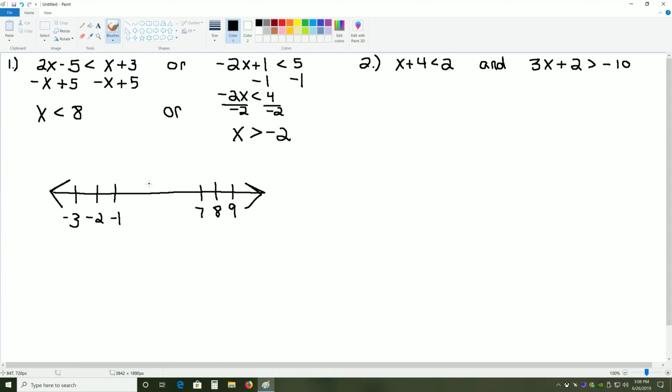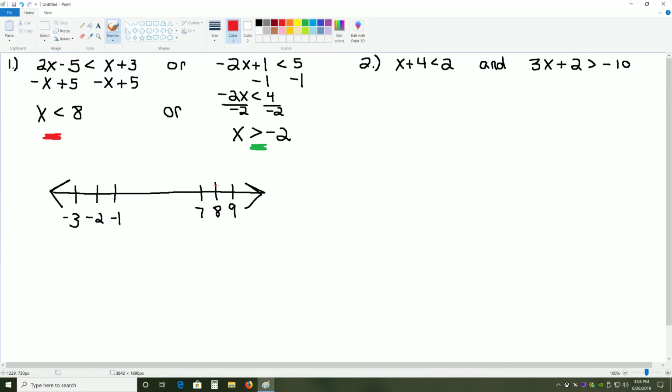And then the tick marks in between we'll just leave for the sake of not having to put a bunch of them in. Okay, so from here we know that for our first part, x has to be less than 8. So I'm going to use some colors here. I'm going to say that red represents this one, and I'll say that green represents this inequality. And you'll see why this will be important in a moment.